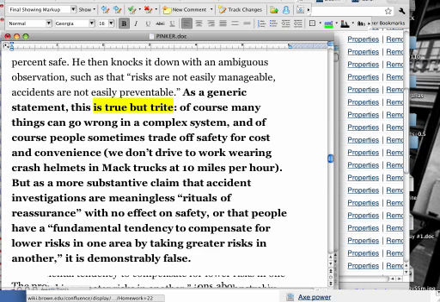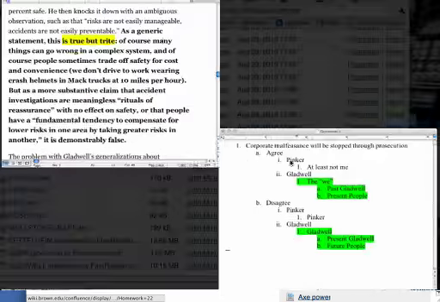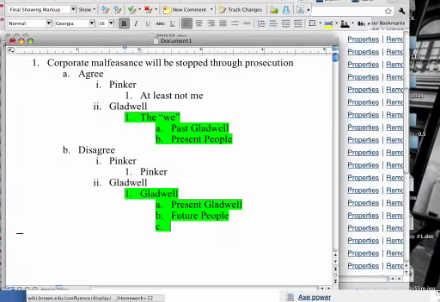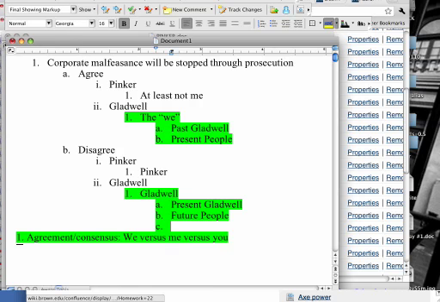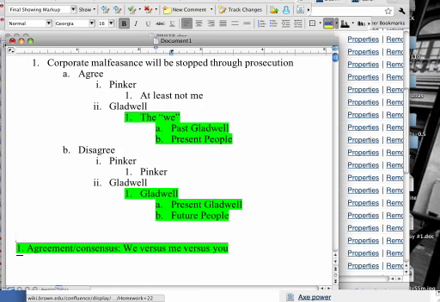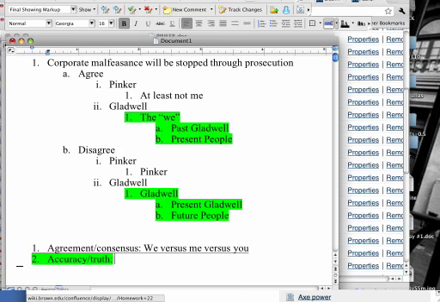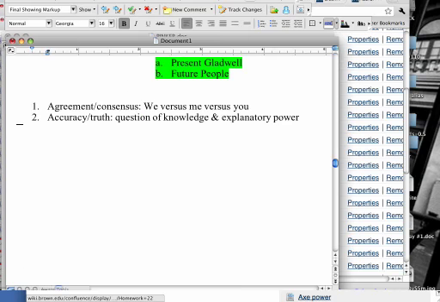So what we're going from is we versus me versus you. So that's the question in part one, right? But then he gets to accuracy, truth. Question of knowledge. How do we get from 1 to 2?